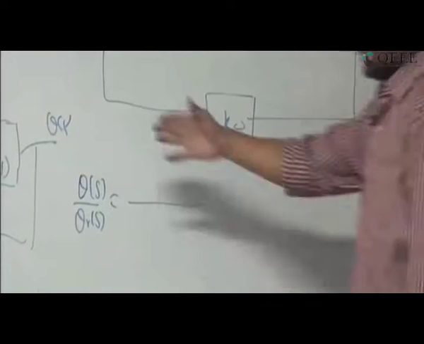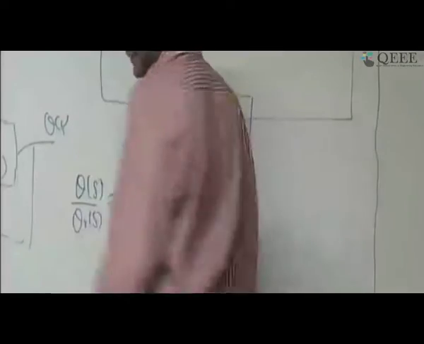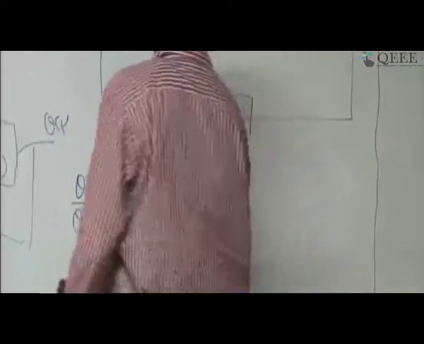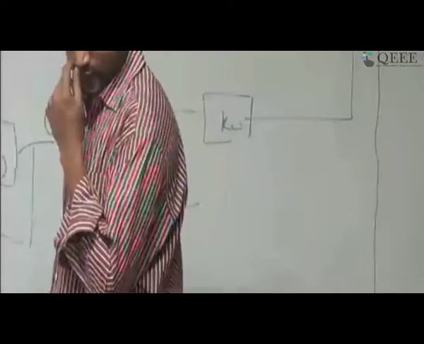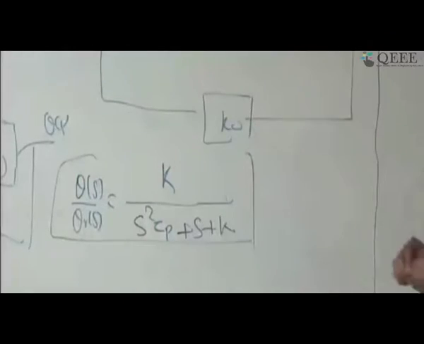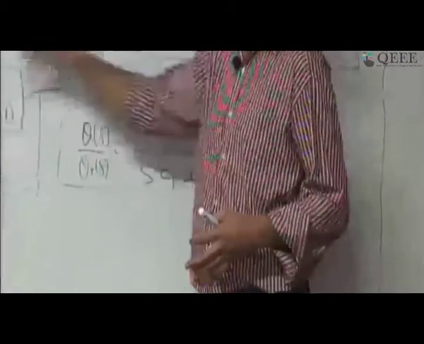It's going to be theta s by theta rs, and as I have worked out, I am just writing this term as k by s square tau p plus s plus k. This is very simple. I can write it like what we did in the previous case.